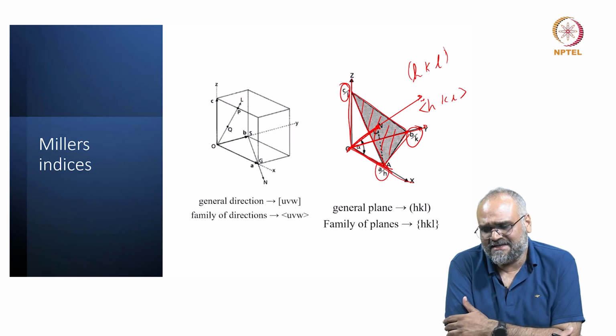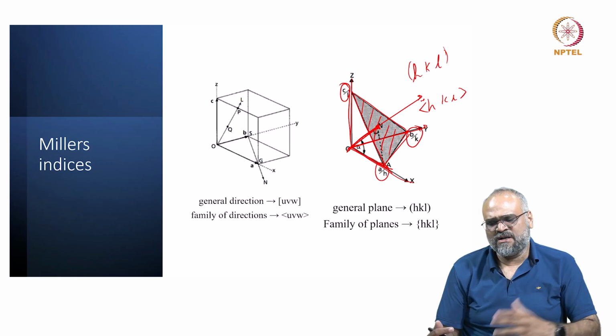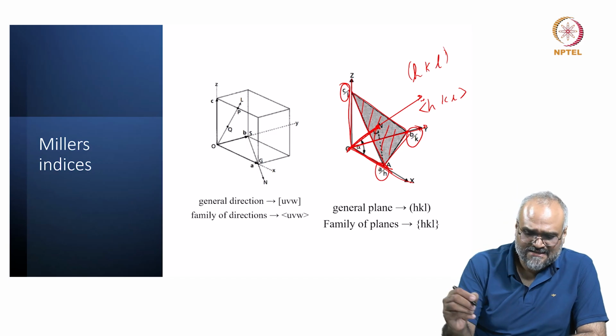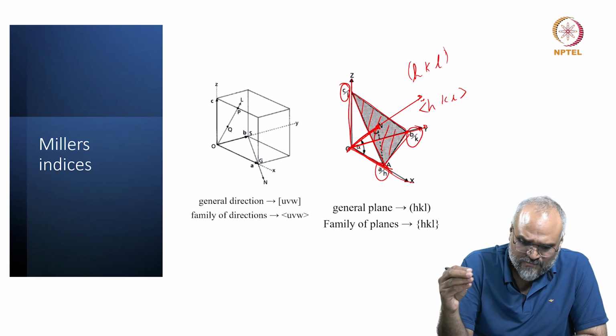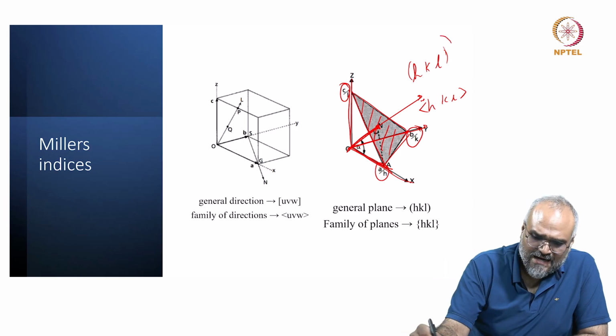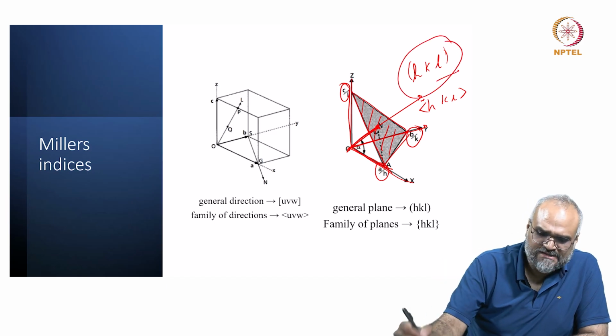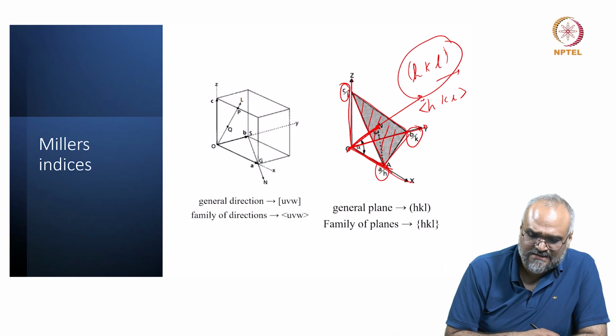And what I get here is, if I want Miller's index for a direction, I can simply write a position vector in terms of the unit vectors.